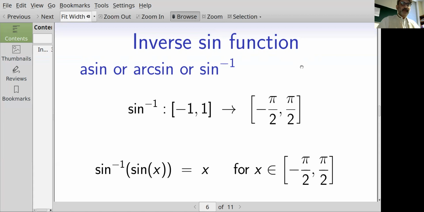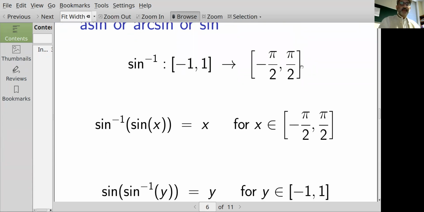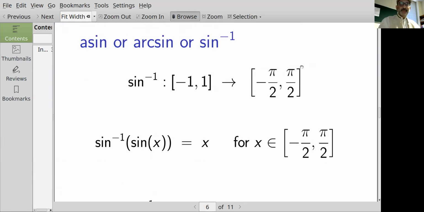And as usual, the inverse function acting on the original function acting on x leaves us with x, for x in the domain of the original sine function. So x is taking, let me remind you, values from minus pi over 2 to pi over 2.